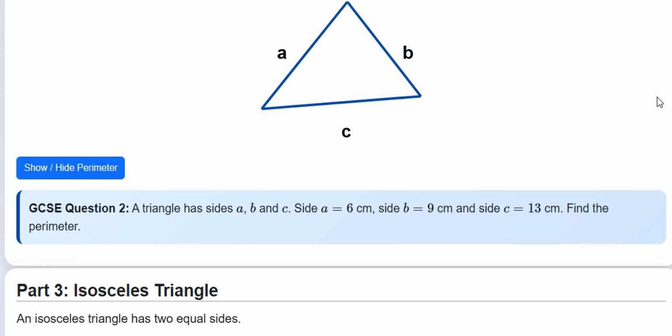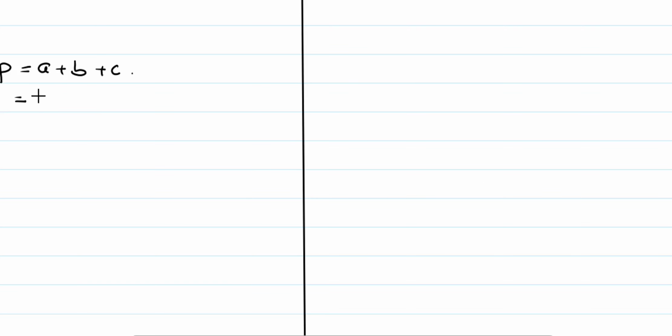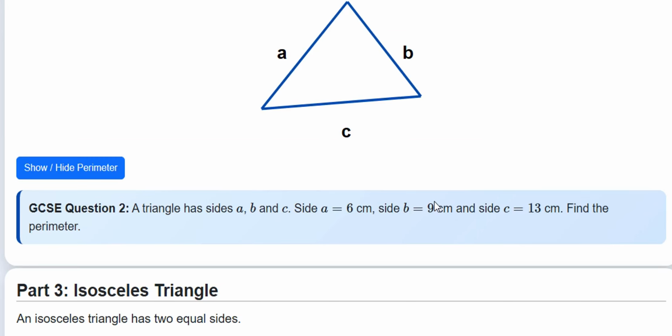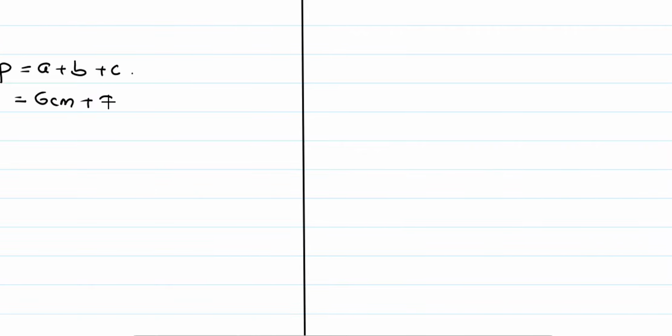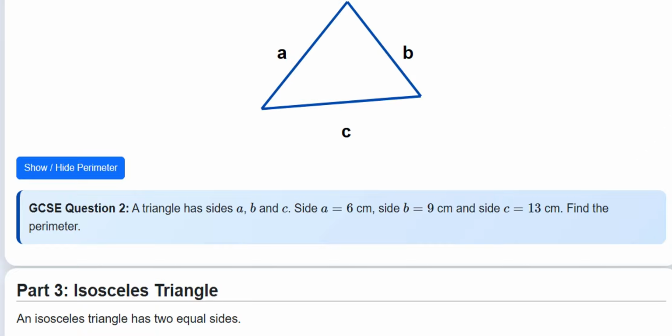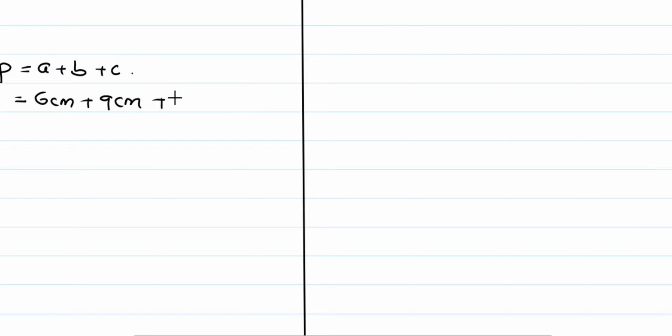So we know side A is 6 centimeters. Then we know side B is 9 centimeters. And we know side C is 13 centimeters.